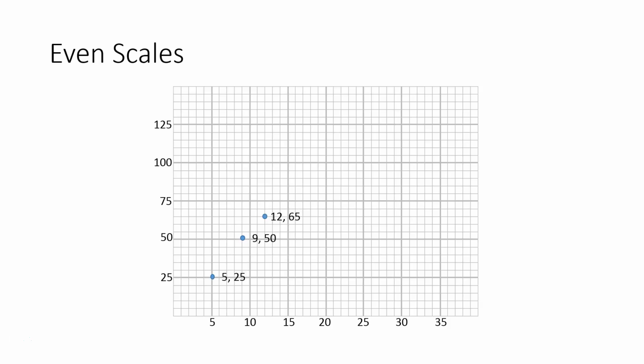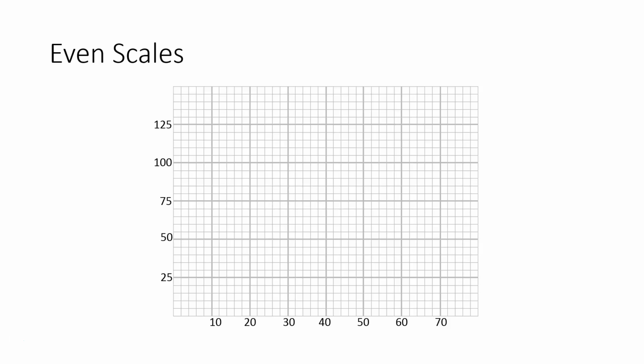Here, the x-axis has a scale of 1, but the y-axis has a scale of 5. In this example, the y-axis still has a scale of 5, but now the x-axis has a scale of 2, but it's still even.